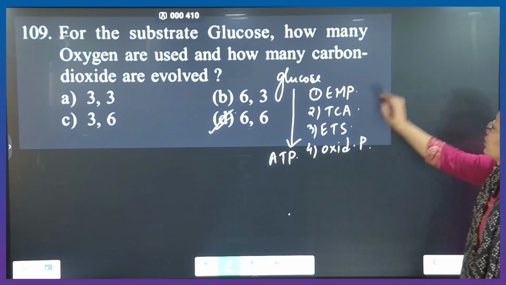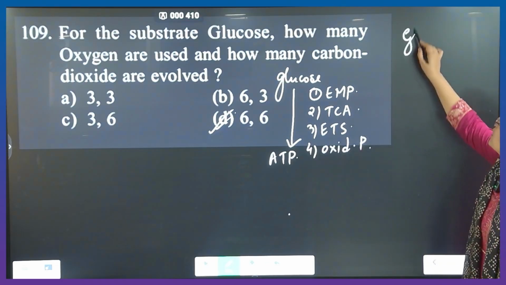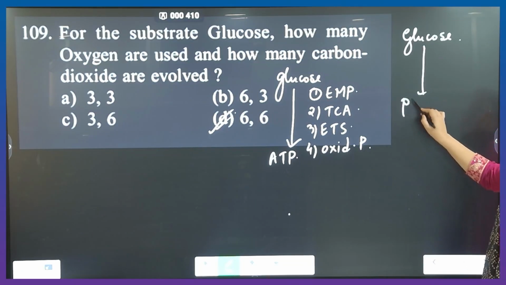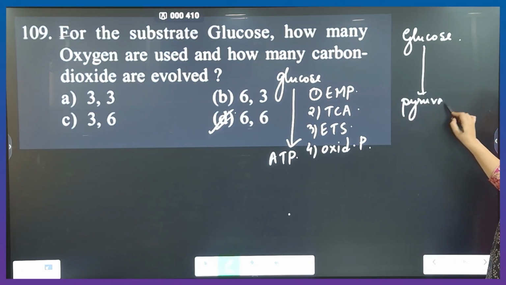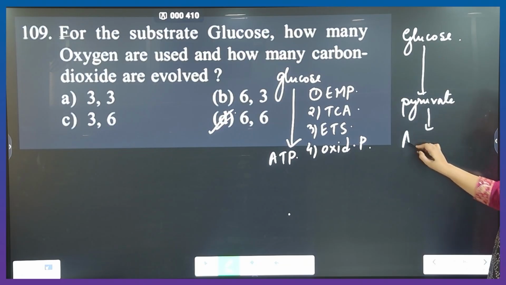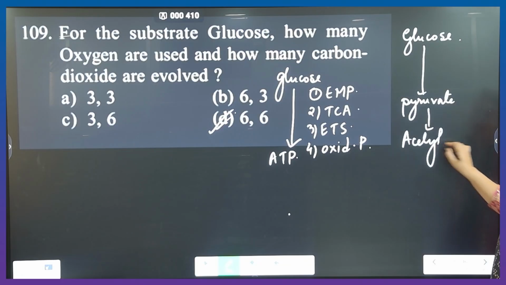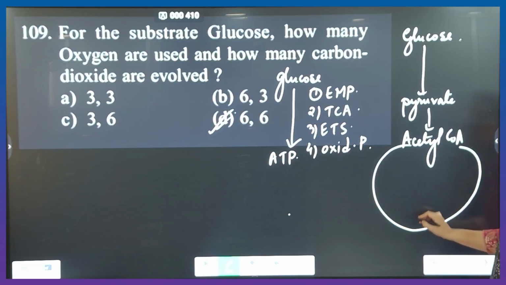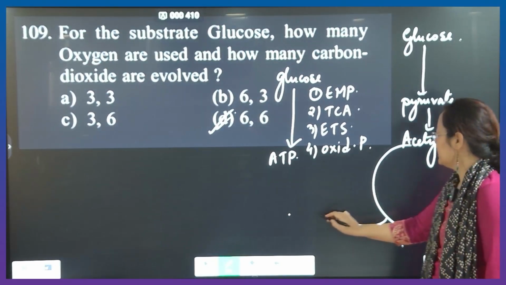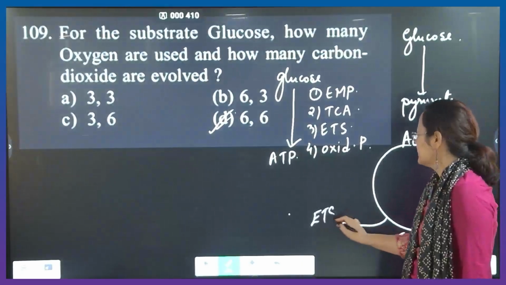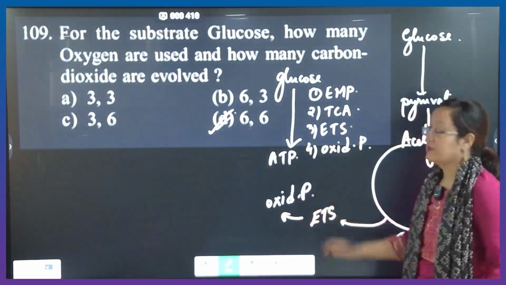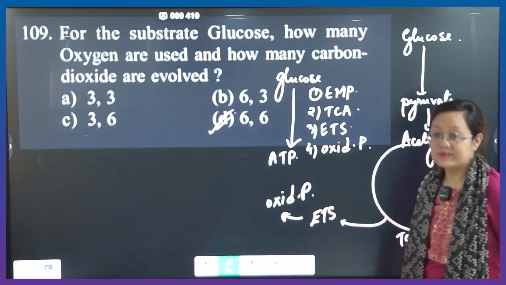Okay, so in glycolysis, what happened? Glucose to pyruvate is formed, and pyruvate to acetyl coenzyme A is formed, and from acetyl coenzyme A it will perform the Krebs cycle, and from Krebs cycle it will have ETS and then oxidative phosphorylation. ये है whole process of respiration.